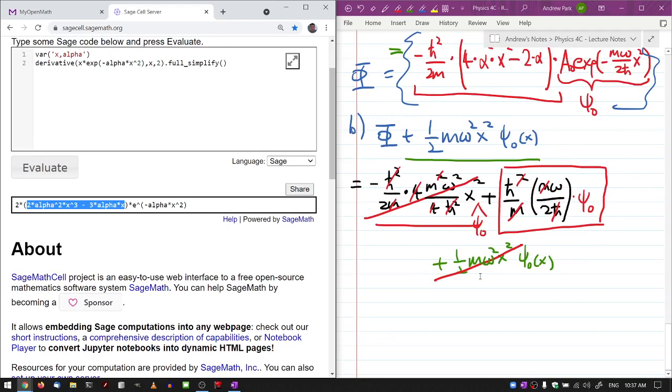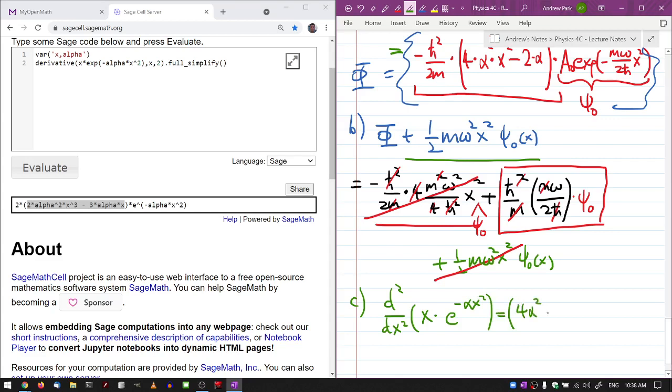So for part C, I'm going to copy down this result, that the double derivative of x times e to the minus alpha x squared gave me, let me see here, I'm going to distribute the 2, so it's going to be 4 alpha squared x squared minus 6 alpha, times, I factored out an x times e to the minus alpha x squared.